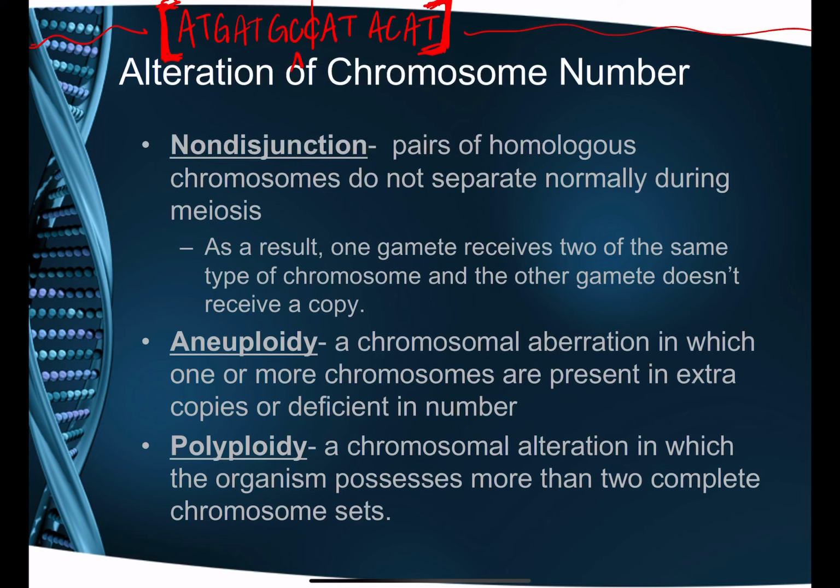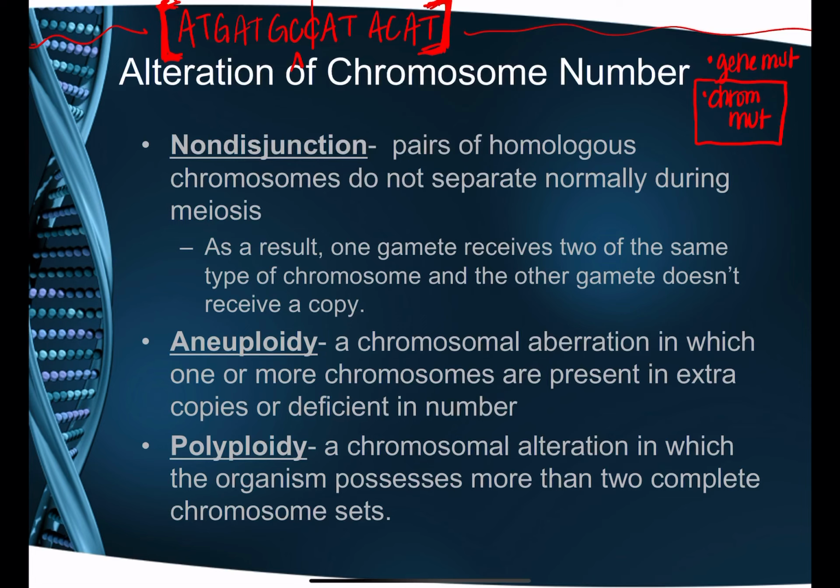Gene mutations can be really severe, but it's affecting one small spot on the chromosome, not the whole chromosome. So that's important: gene mutations and chromosome mutations. We'll talk more about gene mutations later. Today we're going to focus on the chromosomal mutations, okay?